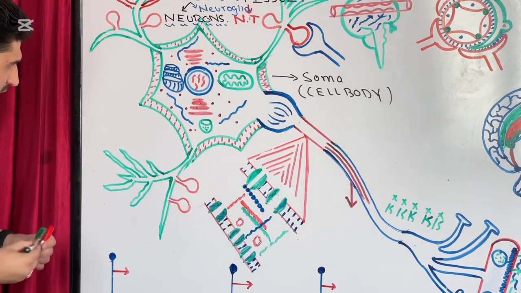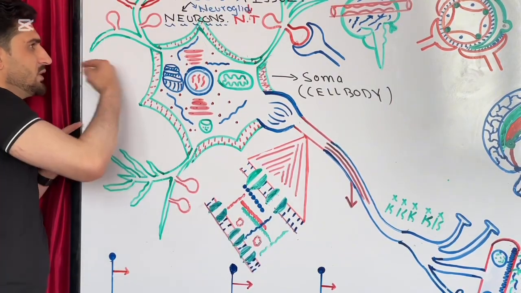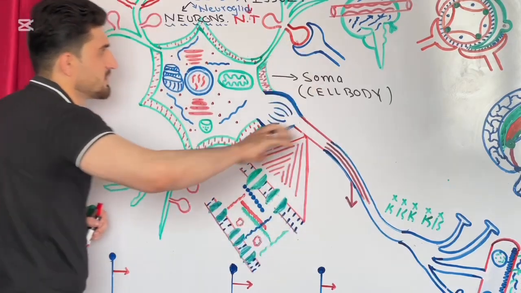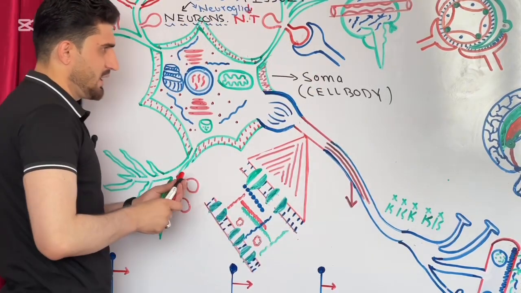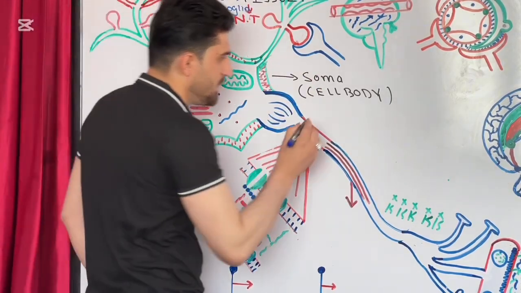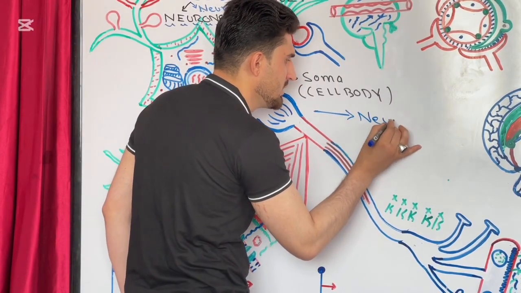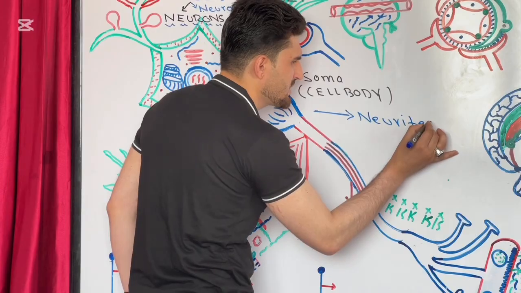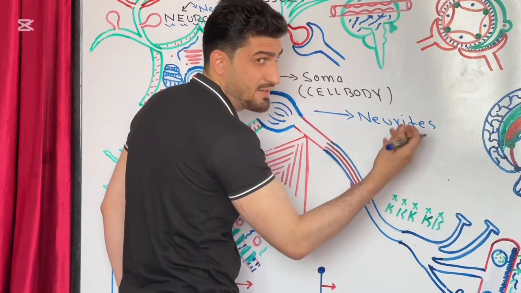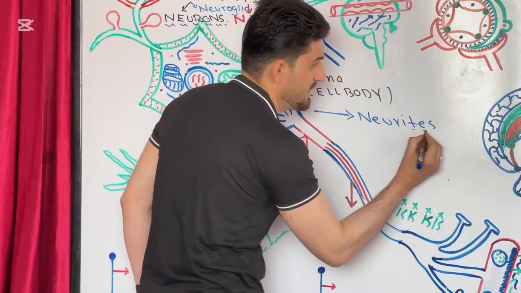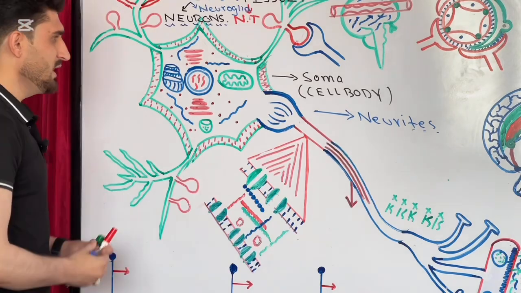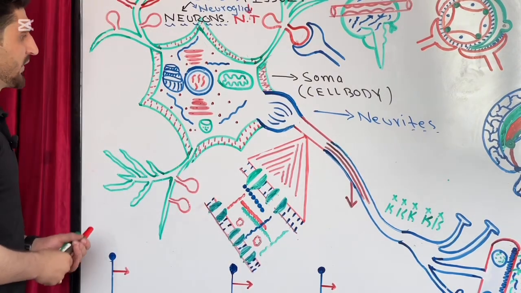Okay, these extensions or projections of neurons are collectively called neurites. They are called neurites, not neuritis, which means inflammation of the neuron. They're neurites. Okay, so let me talk firstly about the soma.